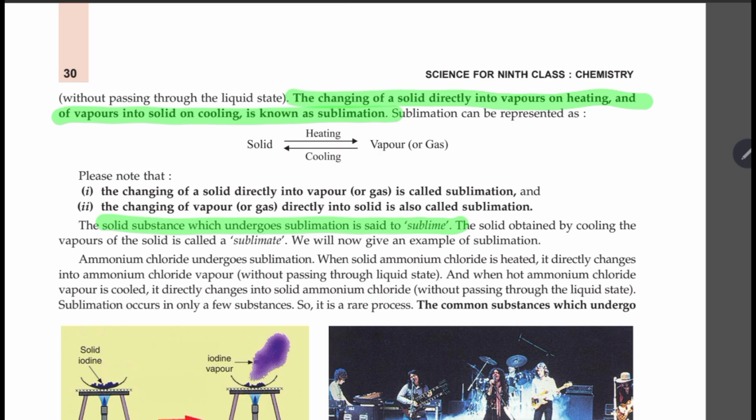It is also known as sublimable substance or sublime. The process is sublimation, and the solid obtained by cooling the vapors is what? The sublimate. The vapors cool to give you the sublimate.